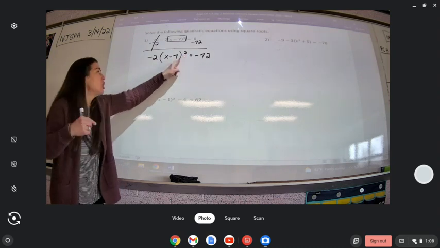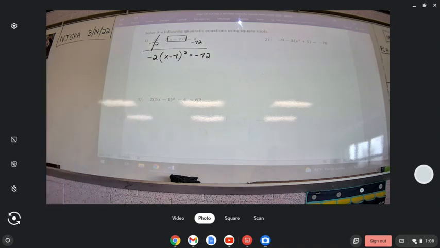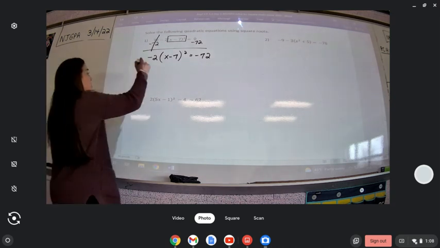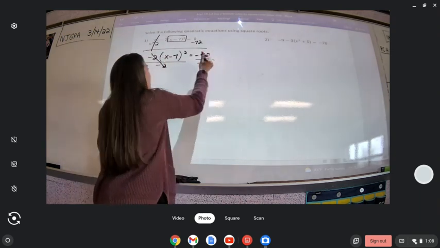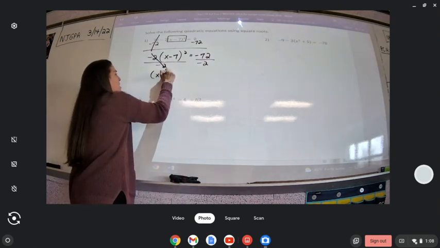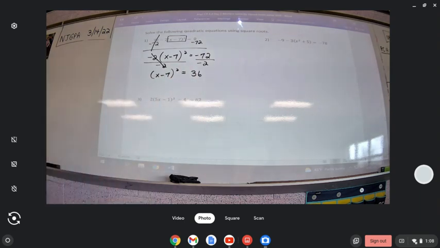So PEMDAS says you have to square this before you're allowed to multiply. So you have no option of distributing here. The only way to get -2 away is to do what? What's going to undo that multiplication? Divide. You have to divide it away. So we divide both sides by -2, and then you are left with the quantity x minus 7 squared equals positive 36.